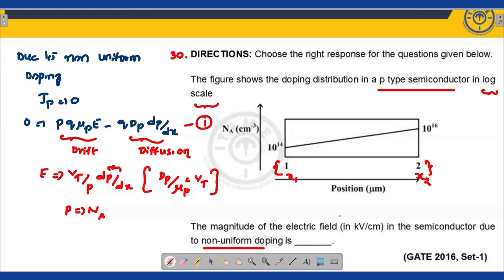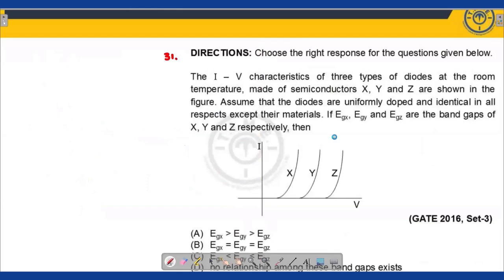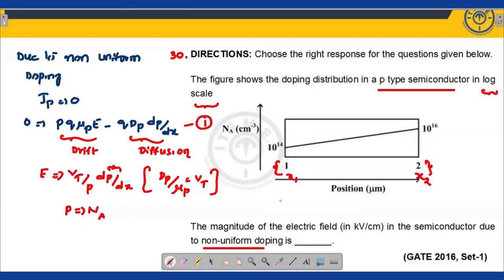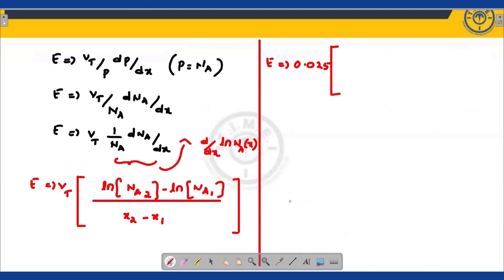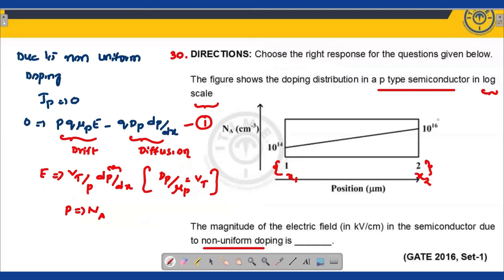Second, the question you have given is non-uniform doping, and he has not given the options, so we need to do it directly. So whatever the value, ln Na2 and Na1. Na2 is here, this is Na2.